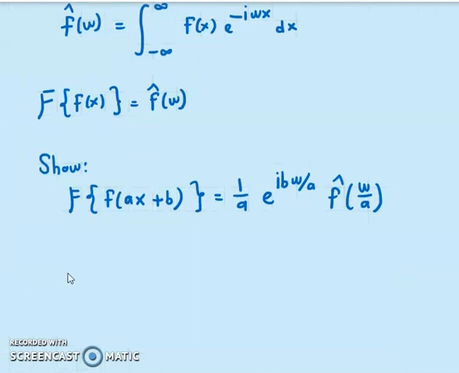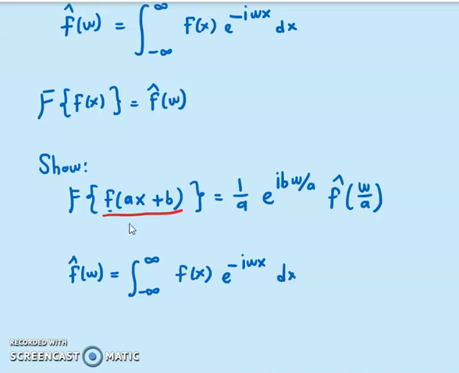By the definition, we have f hat omega equals the integral from minus infinity to infinity of f(x) e^(-i omega x) dx. This is our f(x), and this whole thing is my f hat omega. So putting f(ax + b) in here will give me the integral from minus infinity to infinity of f(ax + b) e^(-i omega x) dx.